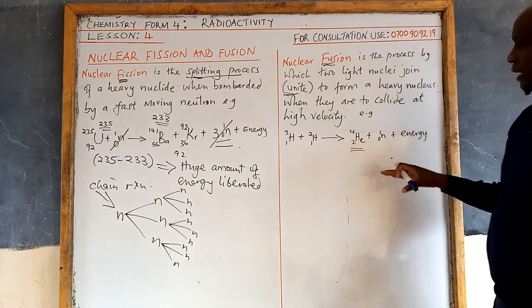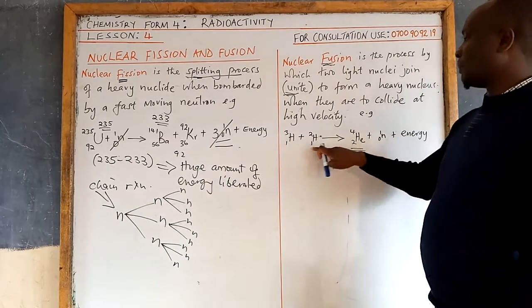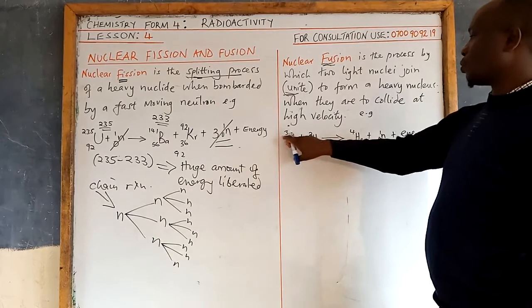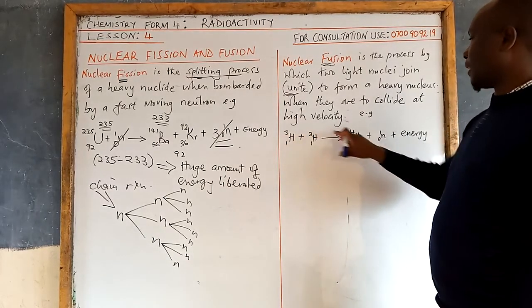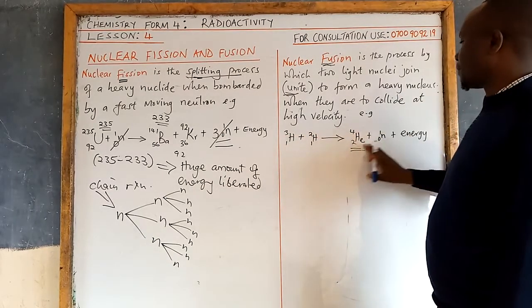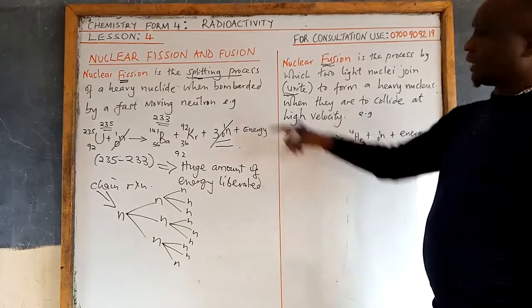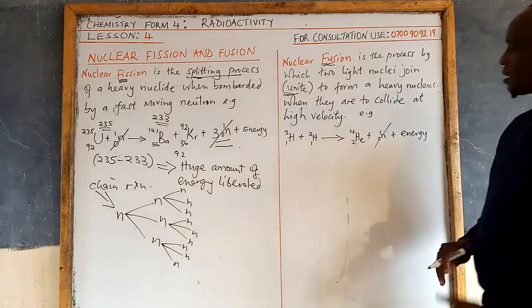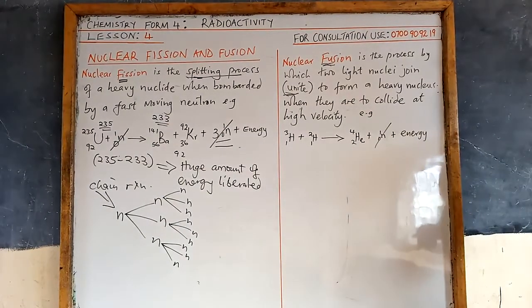And in this case, again, balancing will be the same. 1 plus 1 is 2. Here we have 2 plus 0 is 2. Then 3 plus 2 is 5. 4 plus 1 is 5. And then similarly, just like what we have done there, we just omit the neutron there as a fall-off particle.